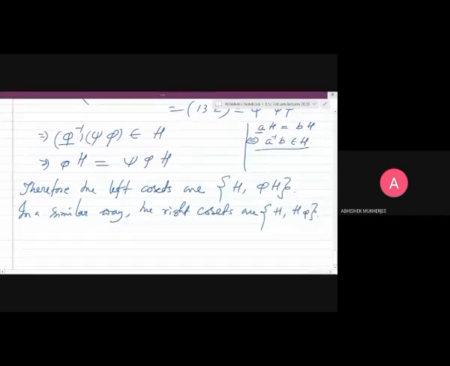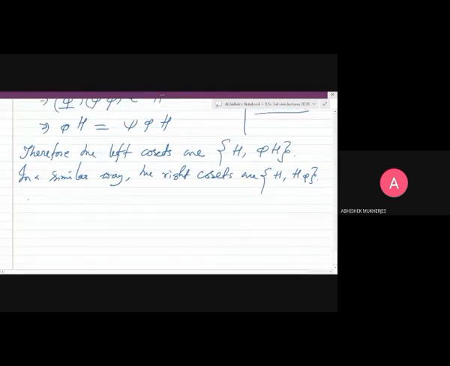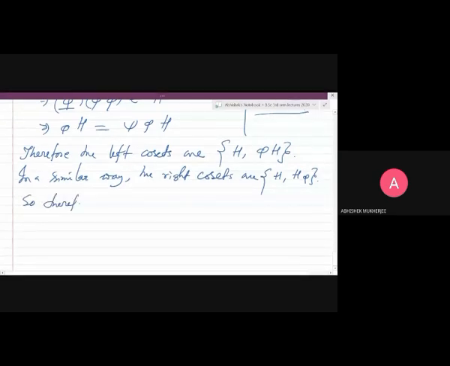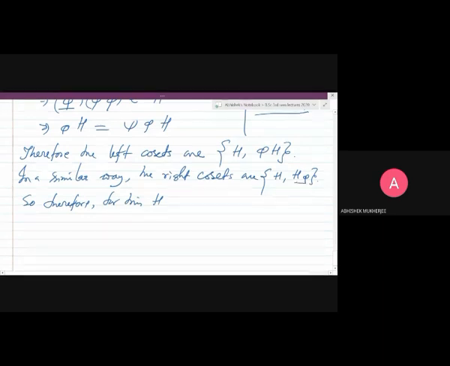And this tells you that for this H, the left cosets are equal to the right cosets, right?